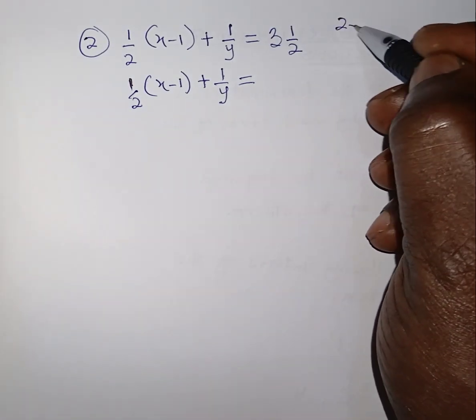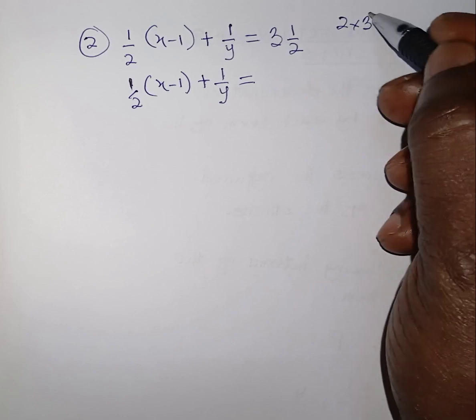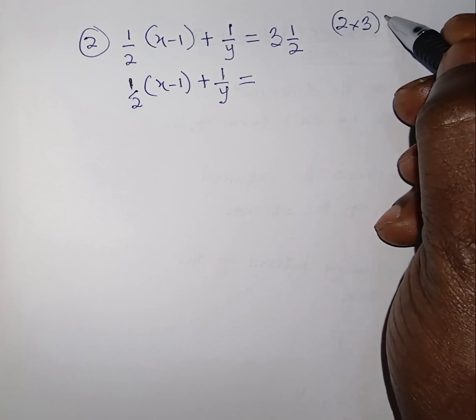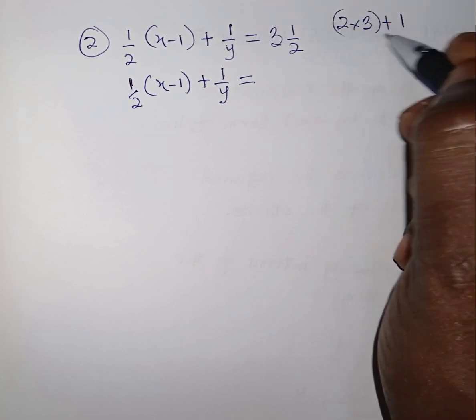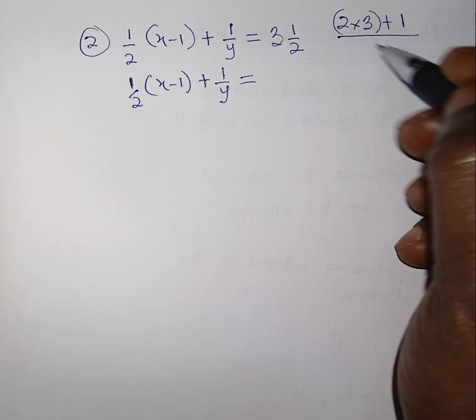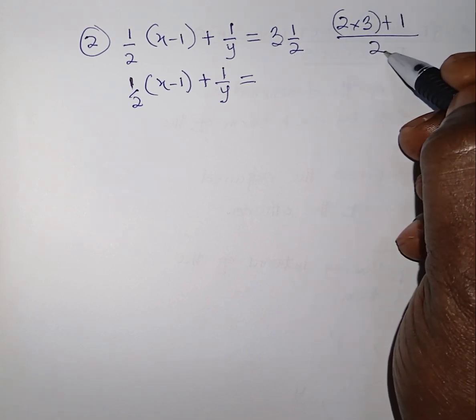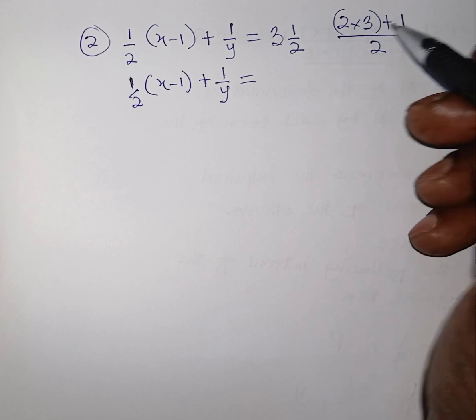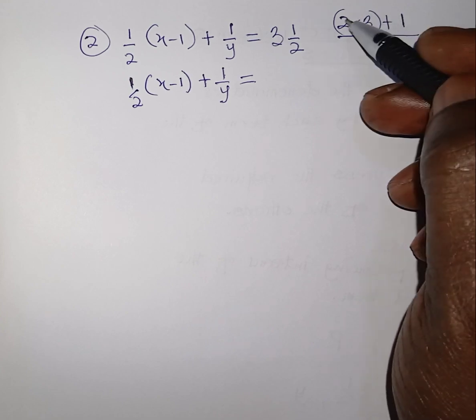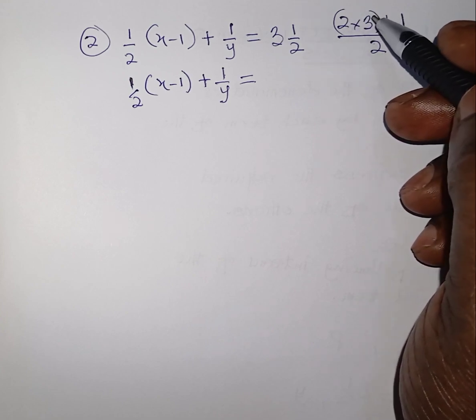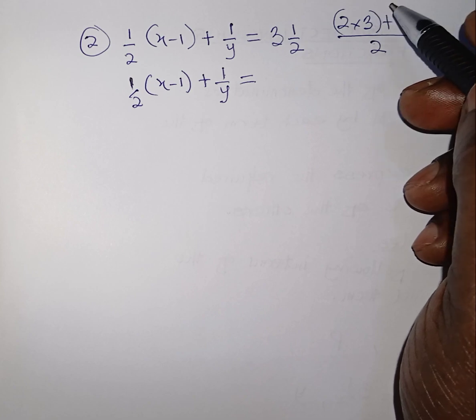It is 2 times the 3, which is the whole, plus the 1, which is the numerator, divided. So you divide the result by the denominator again. Have you gotten that? Good. So that is how we change from mixed fraction to improper fraction.